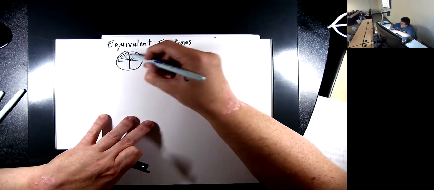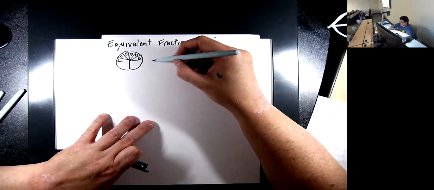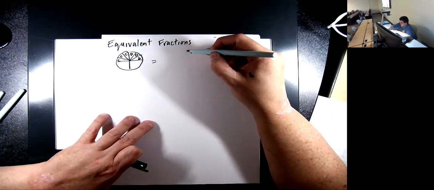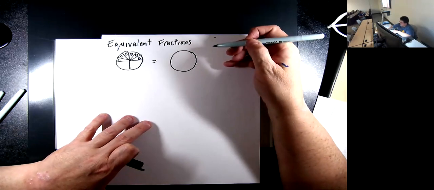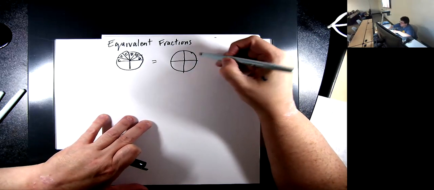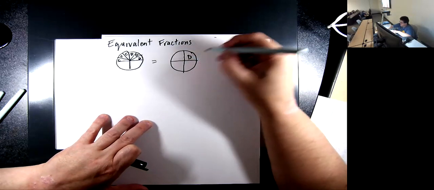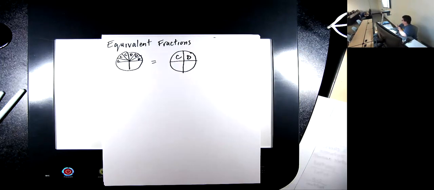I'm redrawing the part of the pizza that just has me and Cody. I could also draw this pizza if I didn't cut it into 12 slices. If I only cut it into 4 slices, David's eating this quadrant or quarter, Cody's eating that quarter.